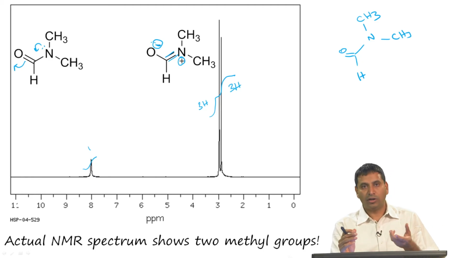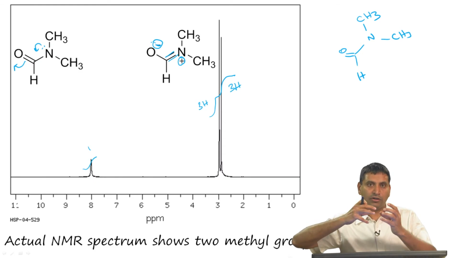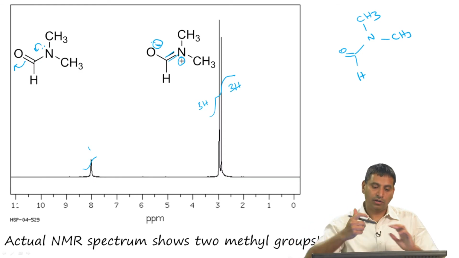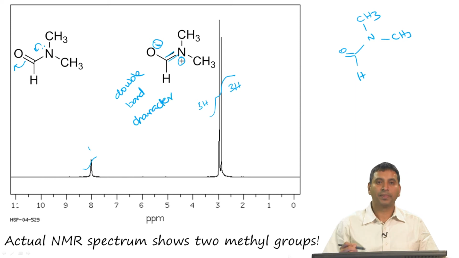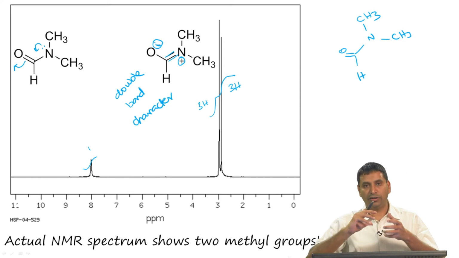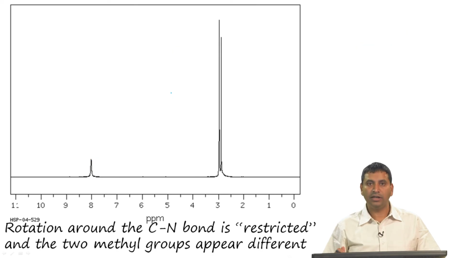Together, it makes for a resonance hybrid. So, once you have this molecule, there could be restricted rotation around the carbon nitrogen bond. There is substantial double bond character of the carbon nitrogen bond, which contributes to restricted rotation, right.